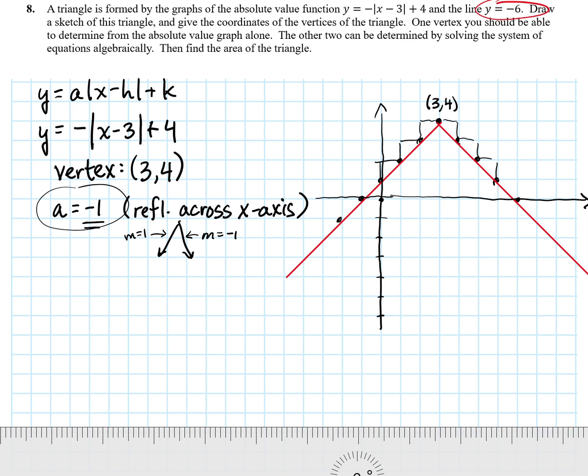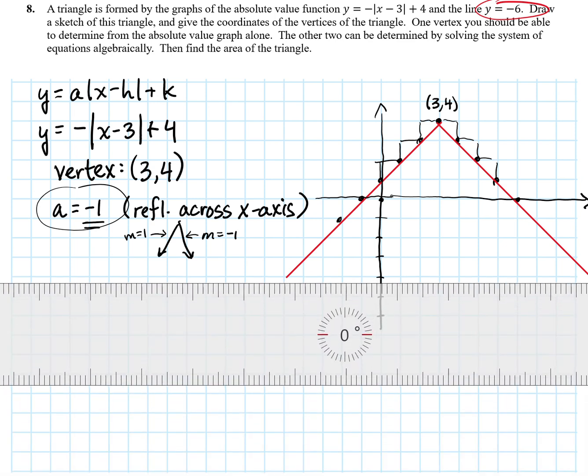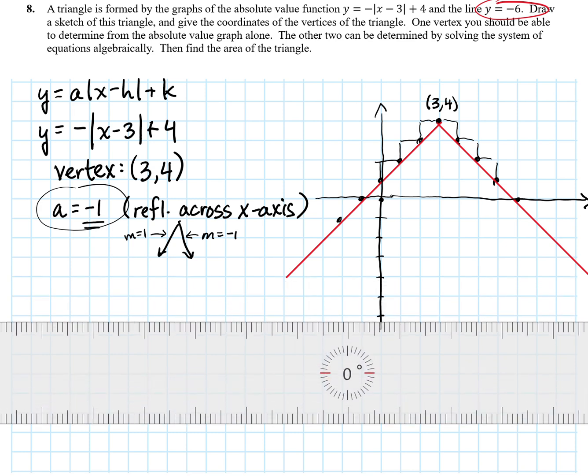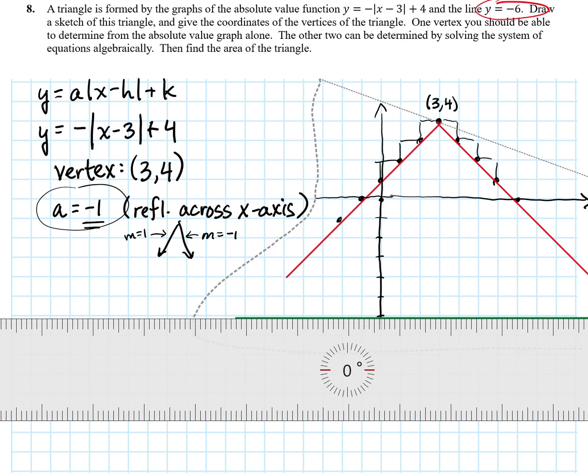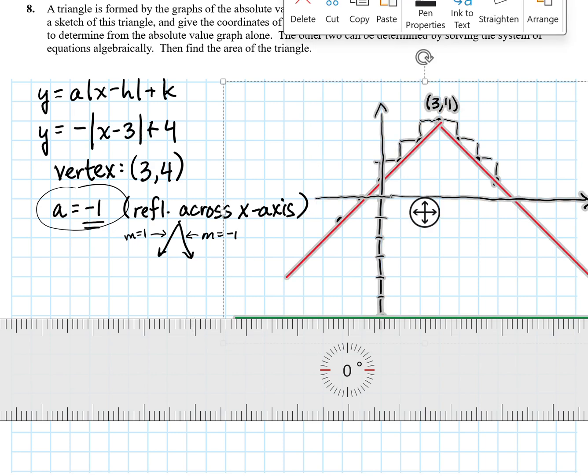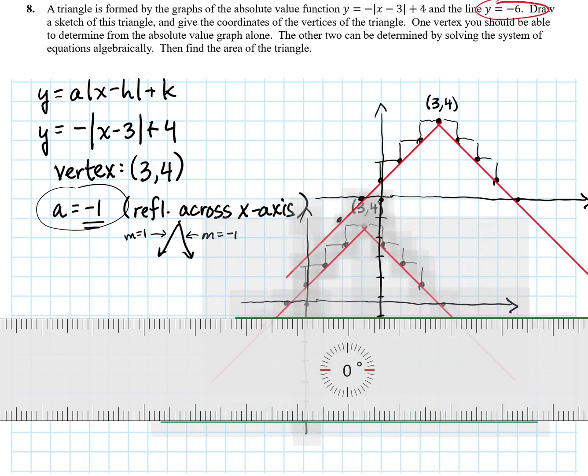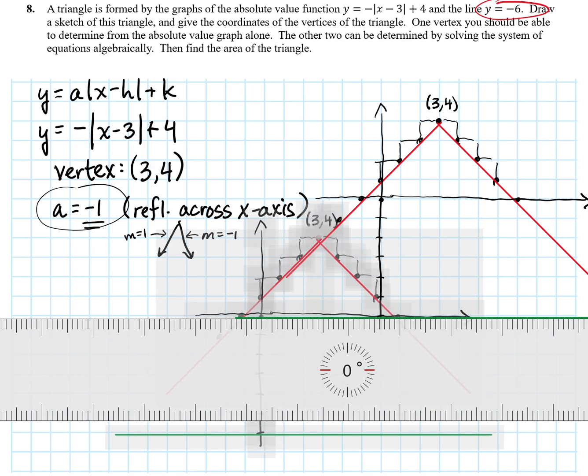So let me use another color. Okay, so that's going to do... Whoa, it's way down here. Something like this. And I'm realizing that this doesn't fit on your screen, so let me shrink this down a little. Or actually, let me move it over so that it can be seen.